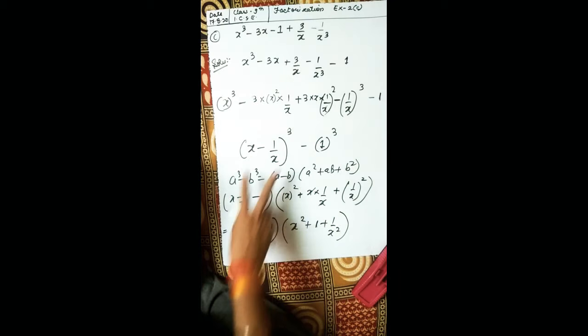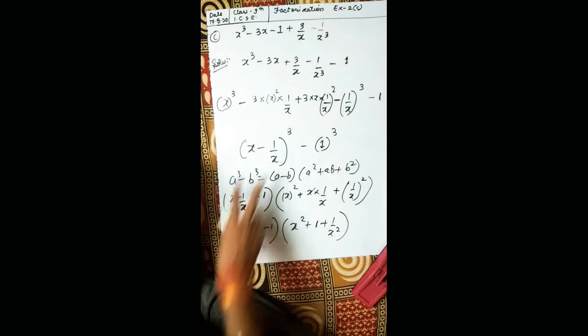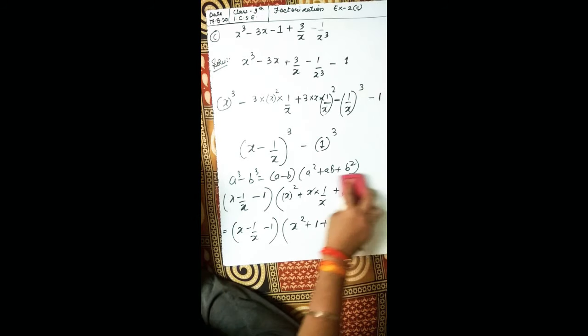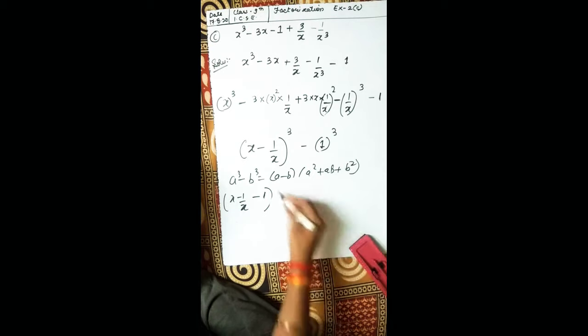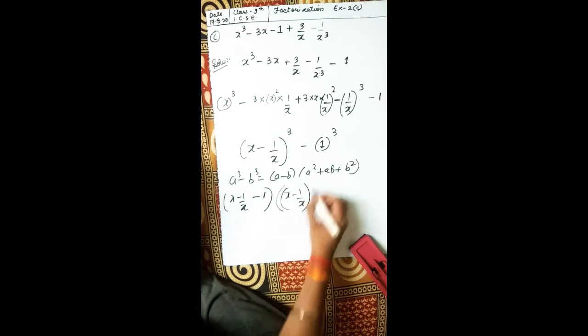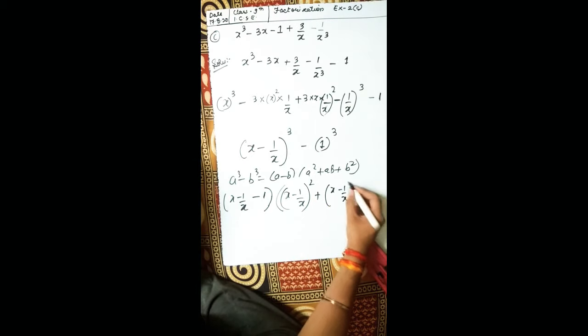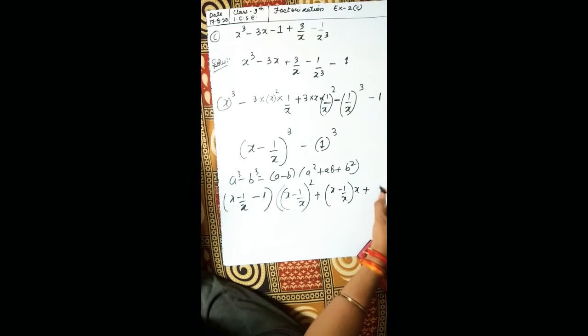See, this is x, this is a, and this is b. So a minus b, and in this bracket we did one mistake: this is a square, then this is a, and this is b the whole square.